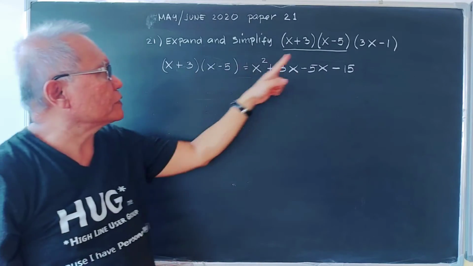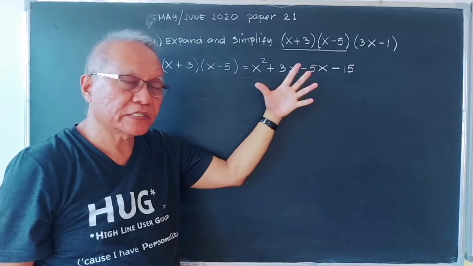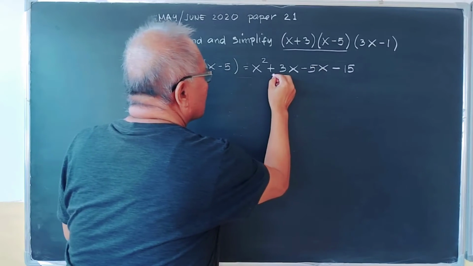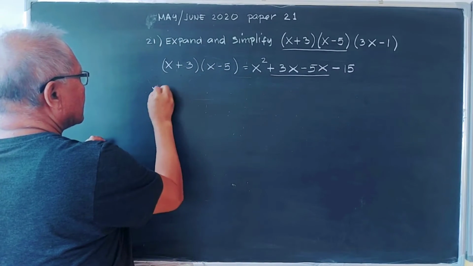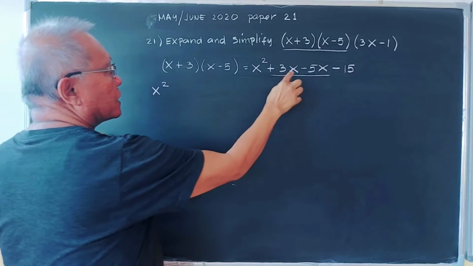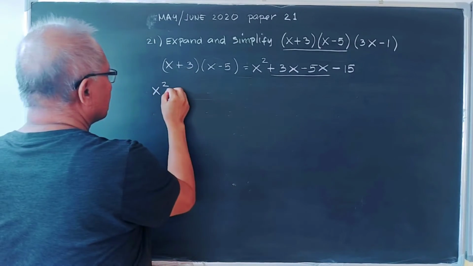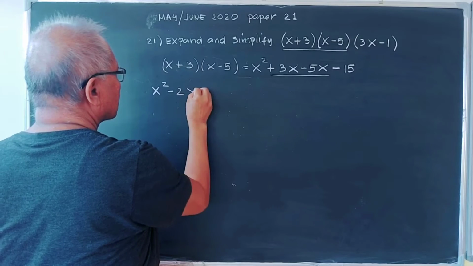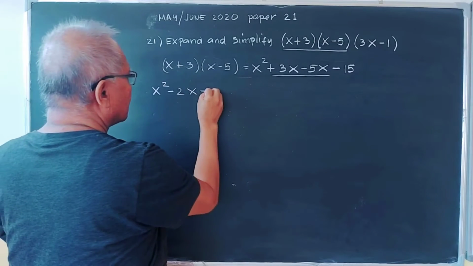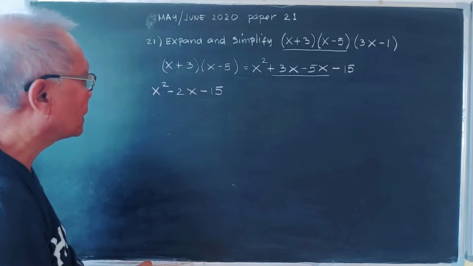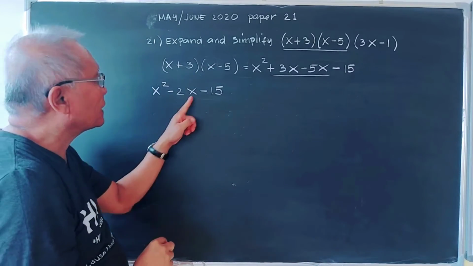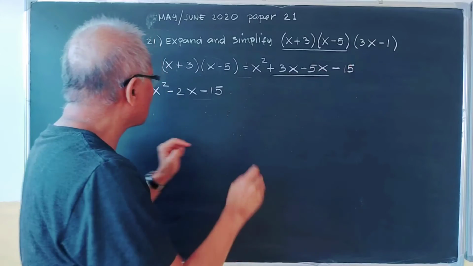Then afterwards, we combine like terms. So we have here x squared, 3x minus 5x is minus 2x, and then minus 15. That's our answer there. Now, we multiply this by 3x minus 1.